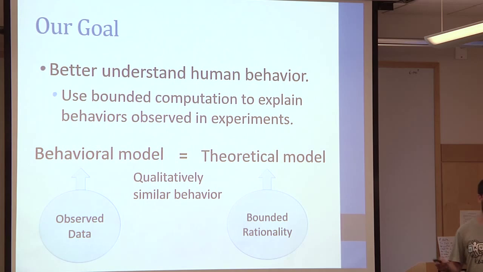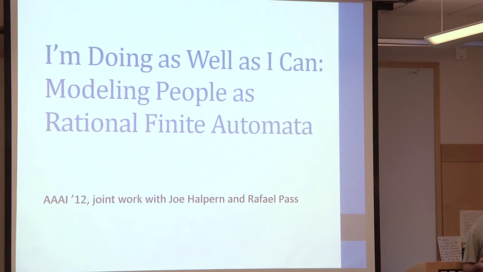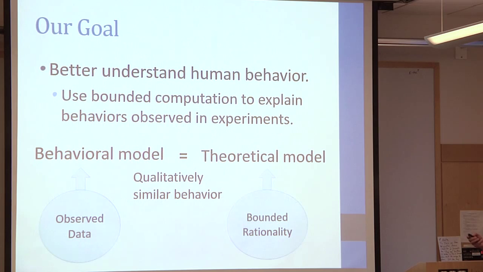These models might not be completely rational, might have some biases, and we want to try and explain them. The idea is to take ideas from bounded rationality and come up with a theoretical model that we can prove things about, and that qualitatively shows the same kind of behavior.